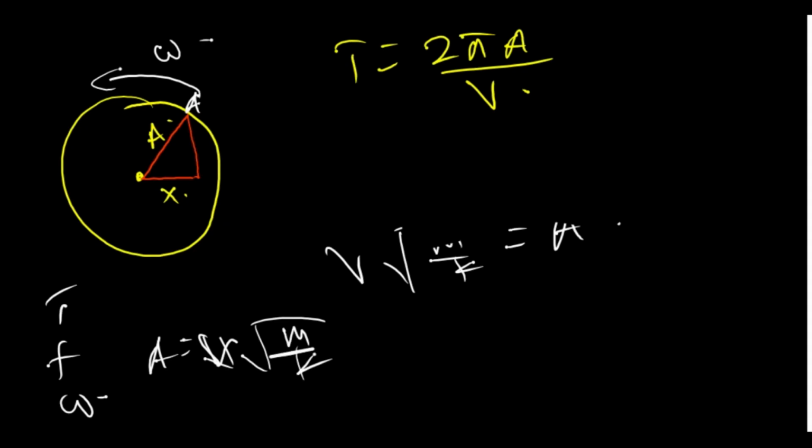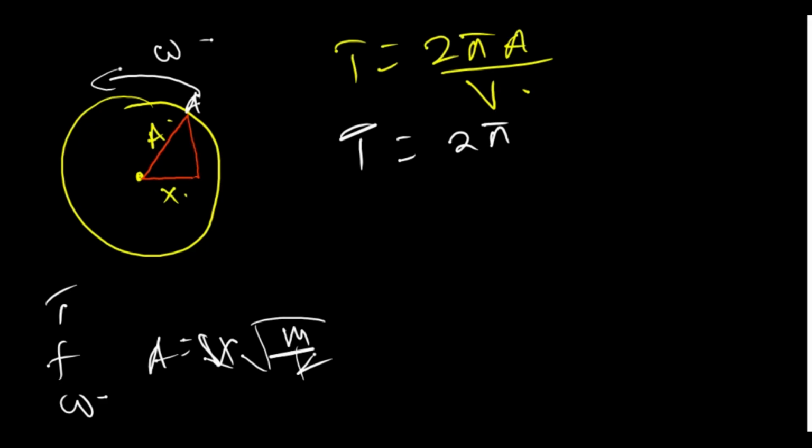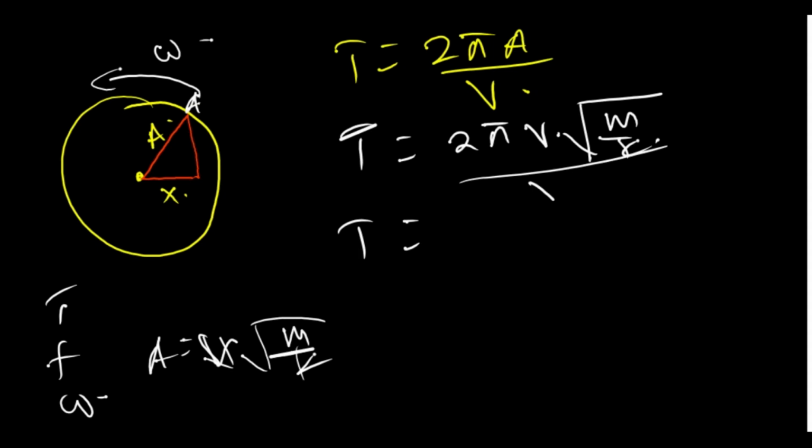So we plug in this value: T is equal to 2 pi, then where there is A, we put v times the square root of m over k, all over v. So this v and this v can go. We're going to have 2 pi times the square root of m over k. So this happens to be our formula for finding the period.